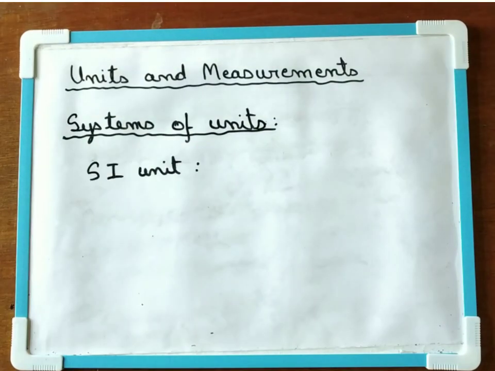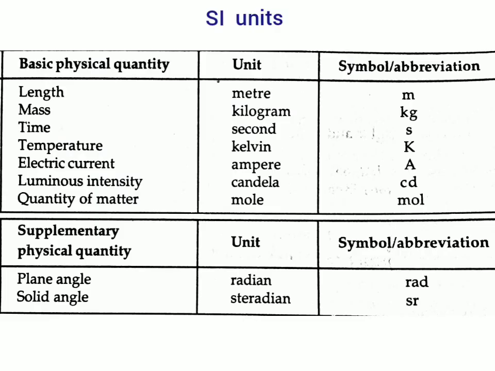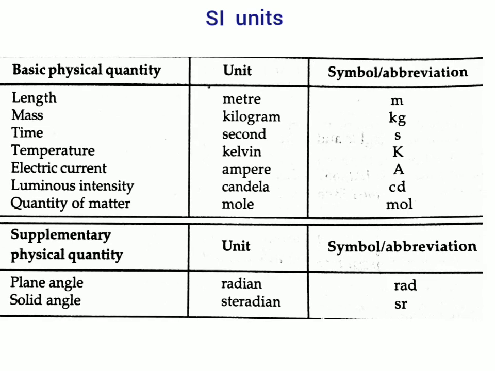At present, the internationally accepted system of unit is the International System of Unit, or the SI unit. In this system of unit, apart from the three fundamental quantities we have known, which are mass, length, and time, there are an additional 4 fundamental quantities and 2 supplementary quantities.